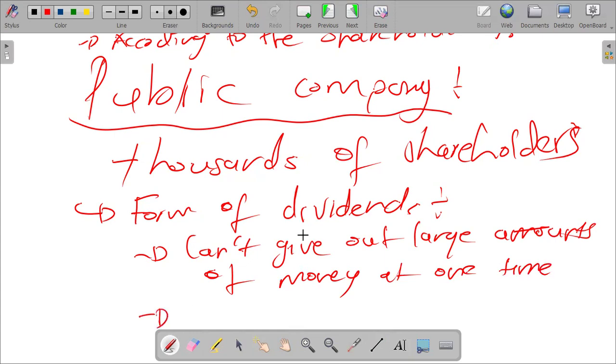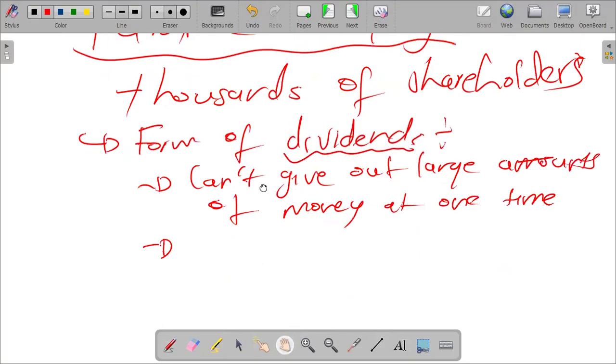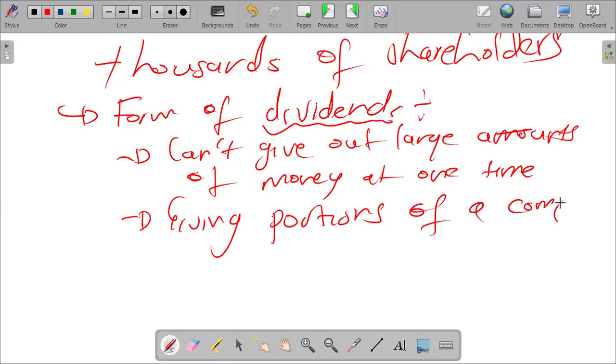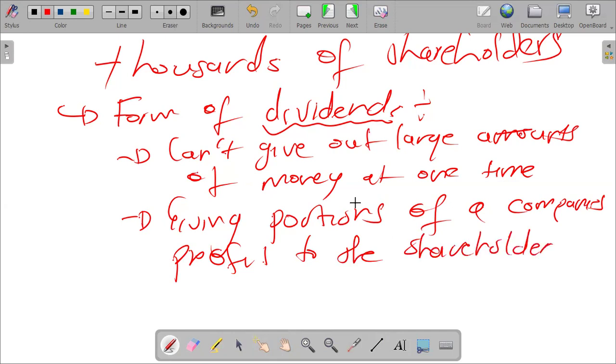So they use a form called dividend sharing, which means giving portions of a company's profit to the shareholders. They give their shareholders money in portions.